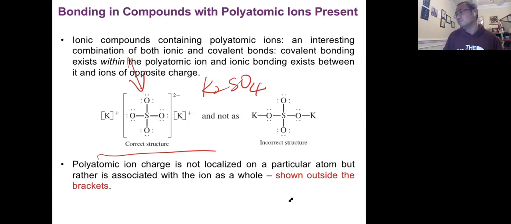So if I ask you for an example of a compound containing both ionic and covalent bonds, you use ionic compounds containing polyatomic ions: carbonate, sulfate, ammonium, phosphate. Again, where is the covalent bond located? In the structure of these polyatomic ions. SO4, we used as an example.